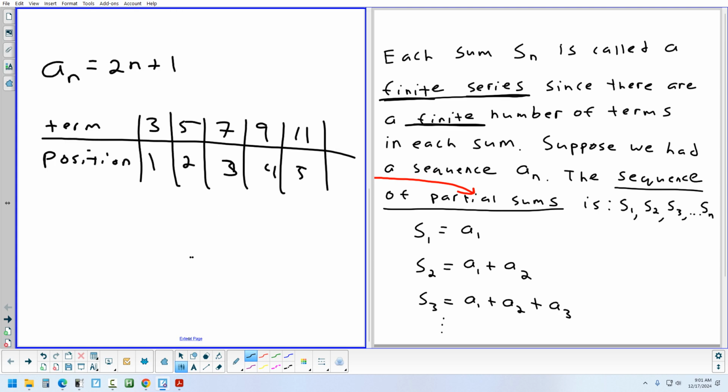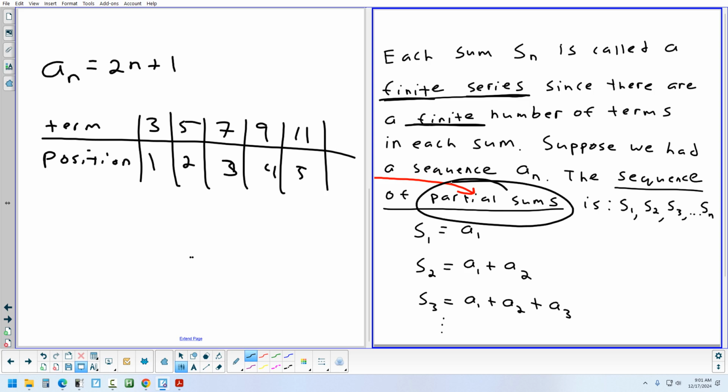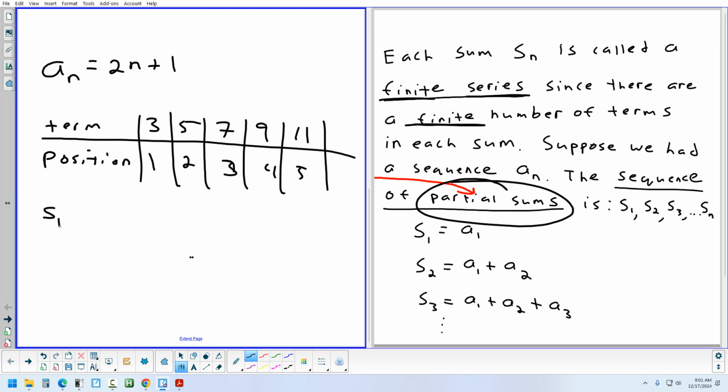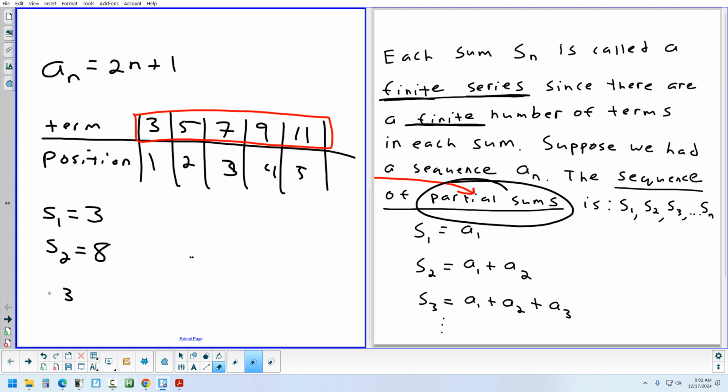Now, let's see if we can find the partial sums. Okay. What do you get, just focusing on that red box, if you add up the first 1 terms in that red box? 3. How about if you add up the first 2 terms in that red box? 8. If you add up the first 3 terms in that red box, you would get 15. The first 4 terms would give you 24.